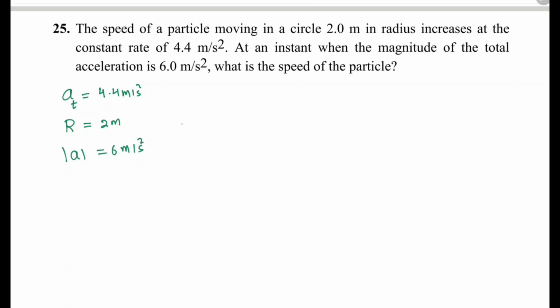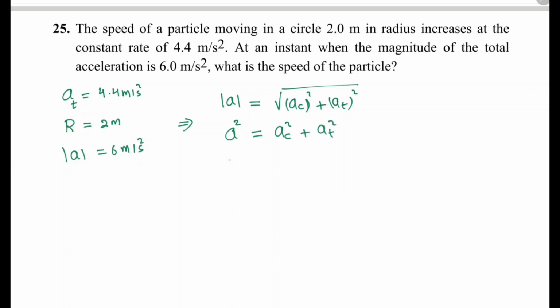In this case, the magnitude of the acceleration is equal to the square root of a central squared plus a tangent squared. When you square both sides of the equation, you get A squared equal to a central squared plus a tangent squared.